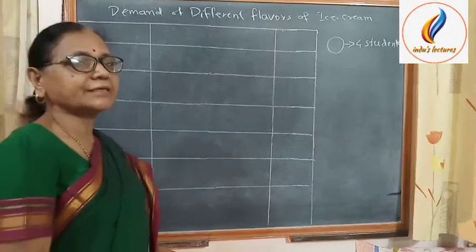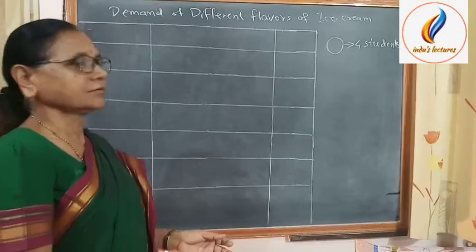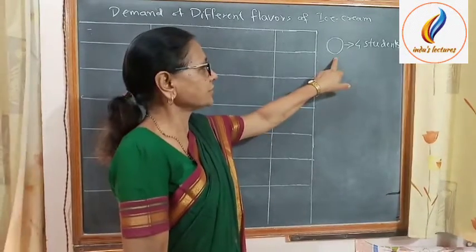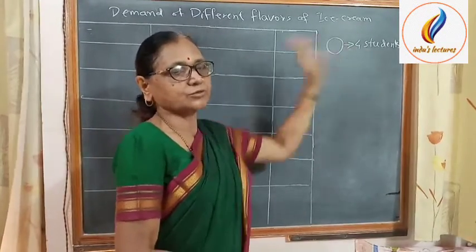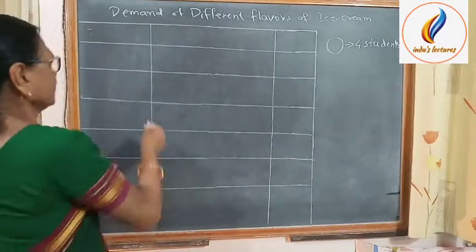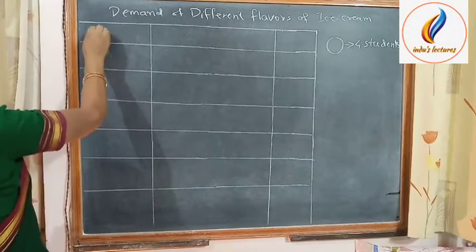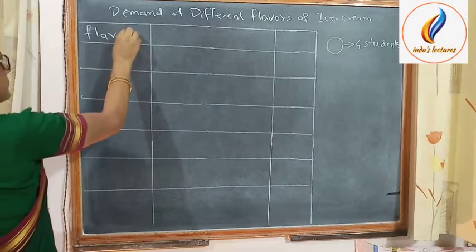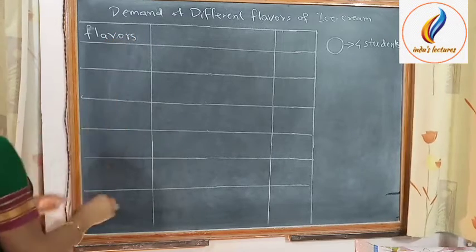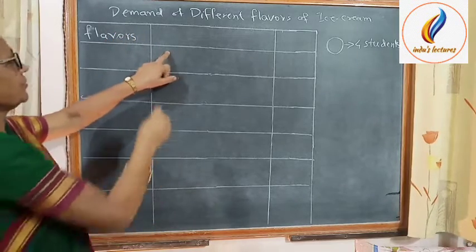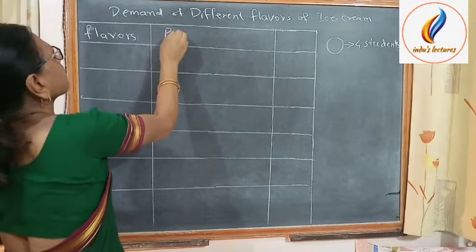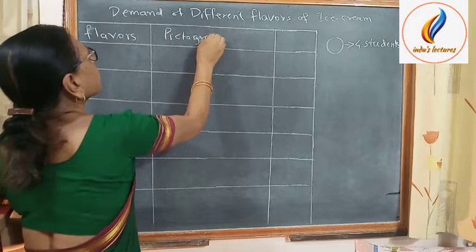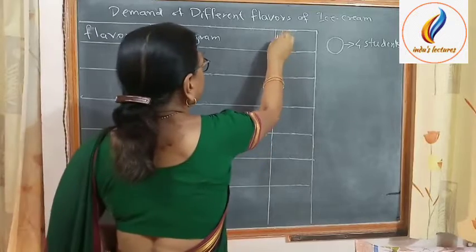For presenting the frequency, we will consider a circle as the symbol, and one circle represents 4 students. In the first column we take flavor, then pictogram, and number of students.